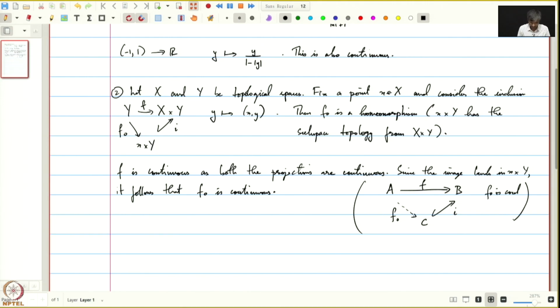Okay, so f naught is bijective is clear.